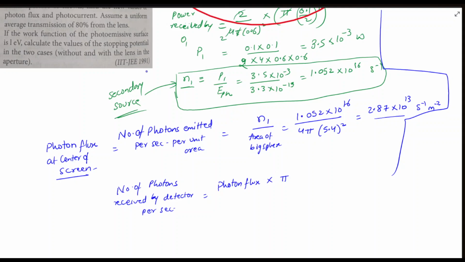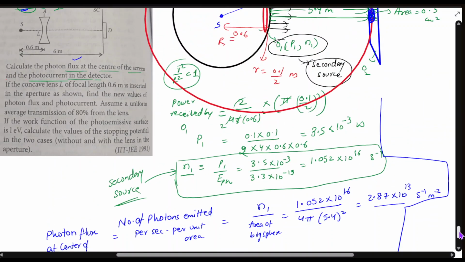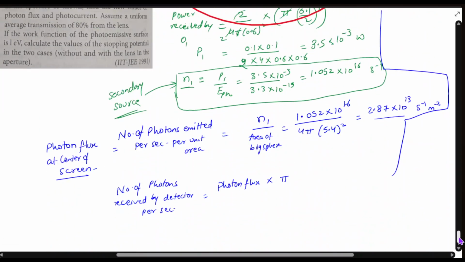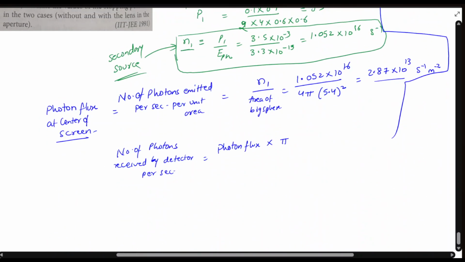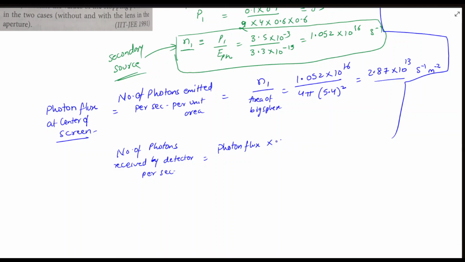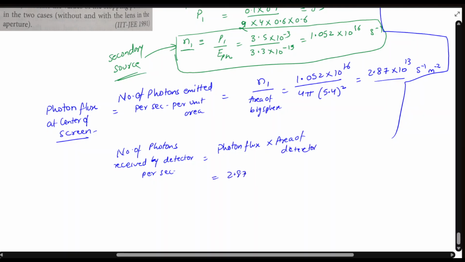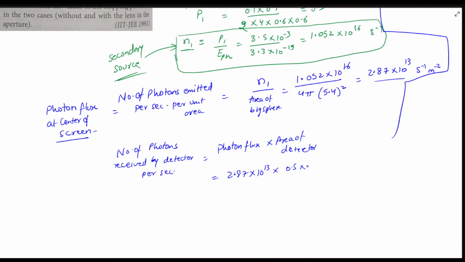So the area is given. It is 0.5, right? So let me just write it as area of detector. So it will be 2.87 into 10 raised to power 13 multiplied by 0.5 into 10 raised to power minus 4.